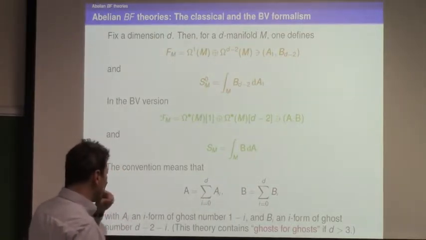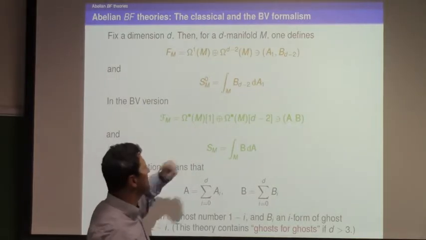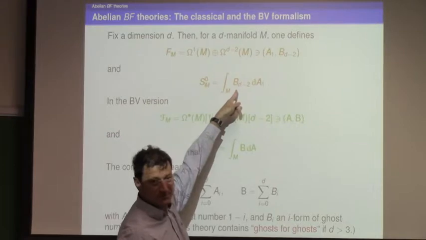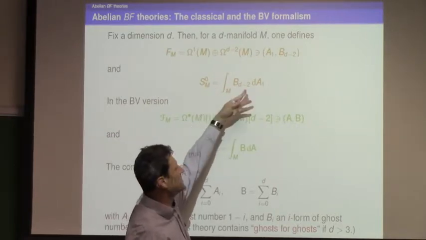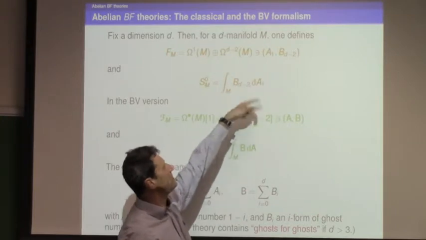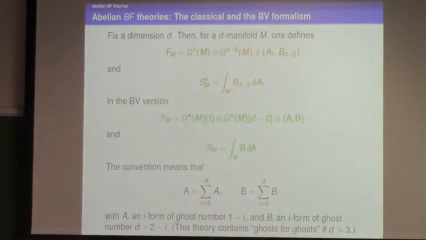One reason why I have to introduce differential forms of all possible degrees: you see that here we started just with 1-forms and D minus 2 forms. Then we have the symmetries. I can change A by the differential of a 0-form and B by the differential of a D minus 3 form. So 0-forms and D minus 3 forms are the generators for my gauge algebra.